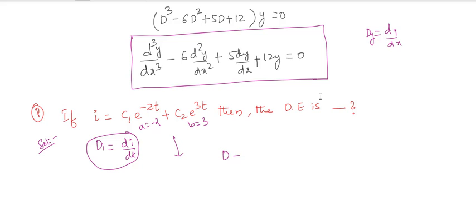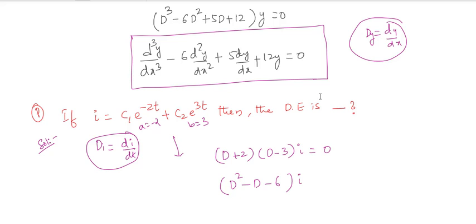Minus of minus becomes plus, so (D plus 2) into (D minus 3) into, earlier it was with respect to y, but here with respect to i, so into i is equivalent to 0. Now if I multiply this, I'll have D square minus D minus 6 into i, which is equivalent to 0.